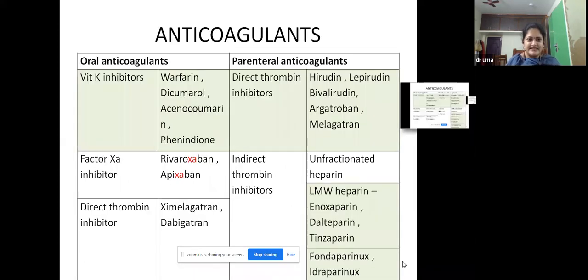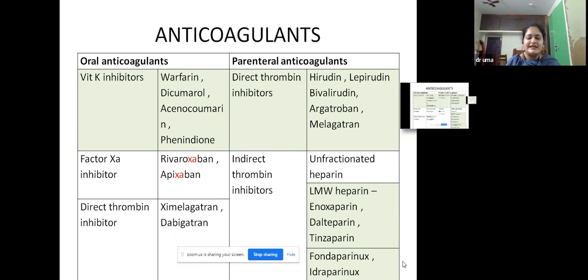So, anticoagulants: oral and parenteral. Oral is mainly warfarin. Factor 10A inhibitors are rivaroxaban and apixaban; the 10A is in the name itself. Direct thrombin inhibitors are both oral and parenteral.